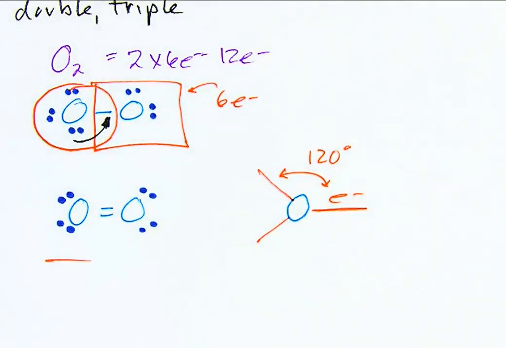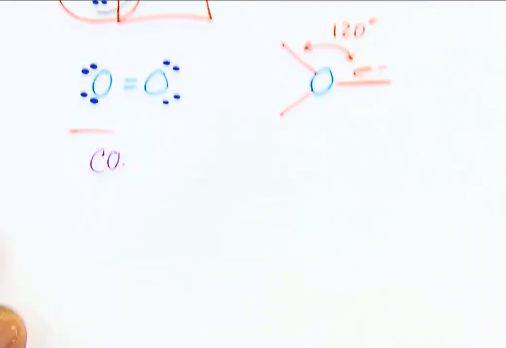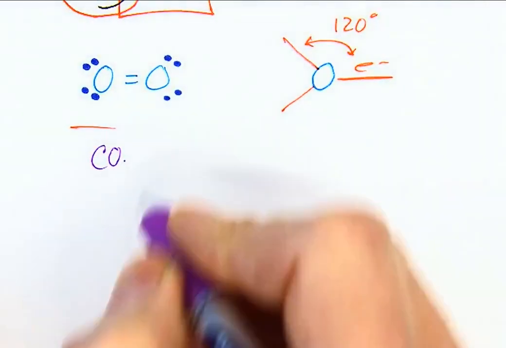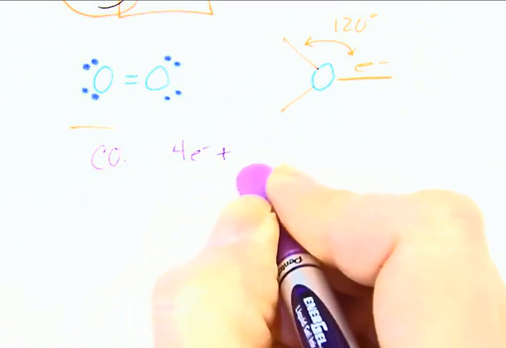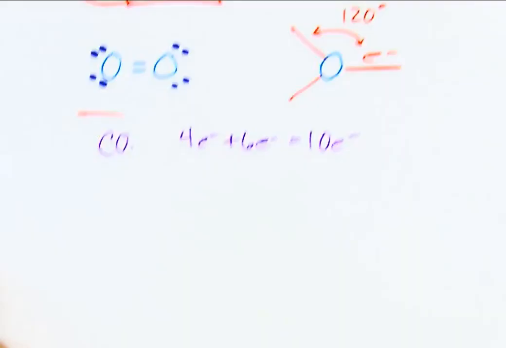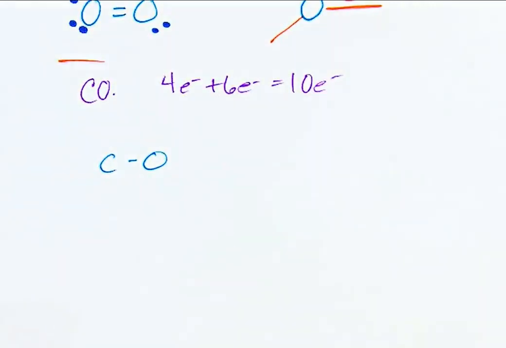Let's try another one. This time let's draw carbon monoxide, carbon with 1 oxygen. And so when we add those, we get 4 for the carbon and then 6. So we have a total of 10 electrons that goes around carbon monoxide. To draw the skeletal structure, you just do that.